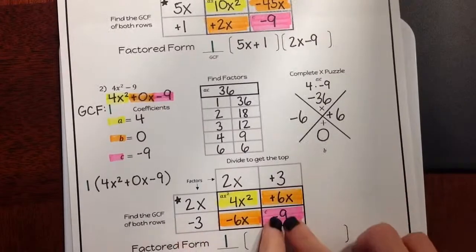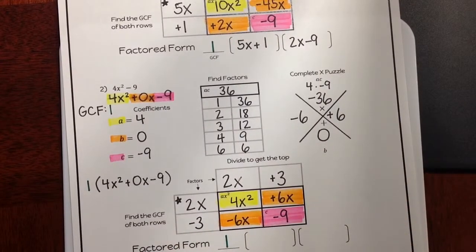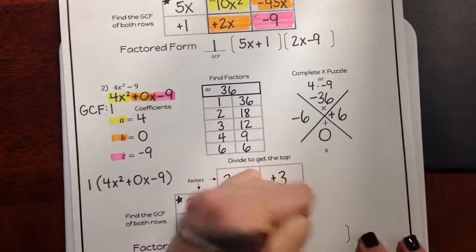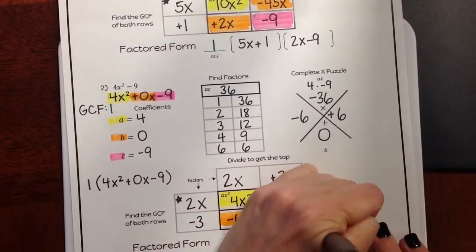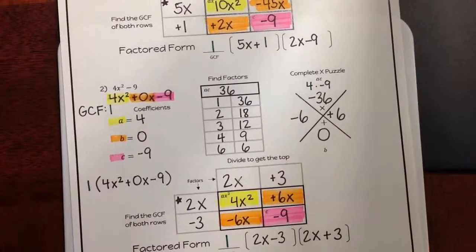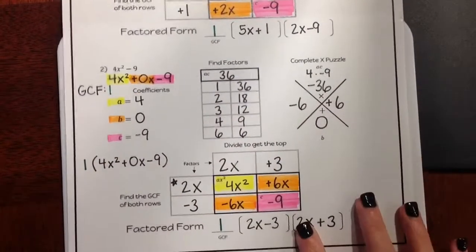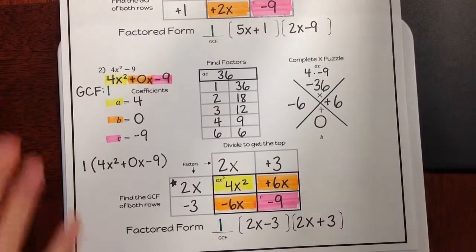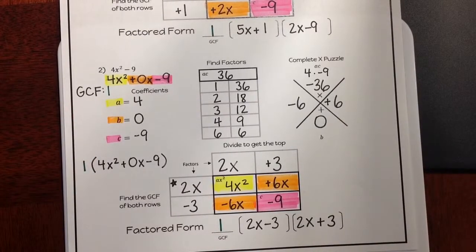And when I multiply these together, I do get back the product of negative 9. So I know my factors are 2x minus 3 and 2x plus 3. If I look at my factors, I'm almost thinking perfect square trinomial, but I notice one has addition, one has subtraction. So 4x squared plus 0x minus 9, or 4x squared minus 9, is not a perfect square trinomial. So these are my two factors.